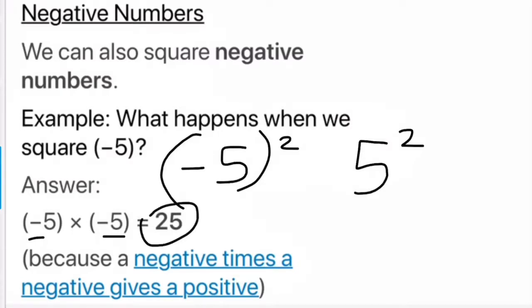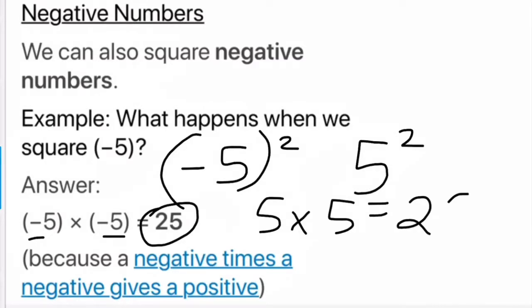So that's positive 25. Well, the answer to 5 times 5, or 5 squared, is also 25. So negative 5 squared is the same as 5 squared. The answers are both 25. And that's important because the square roots are also the same. So that's important to keep in mind.